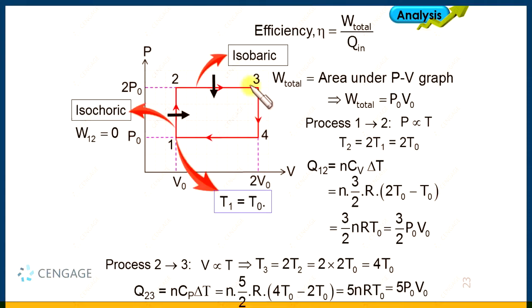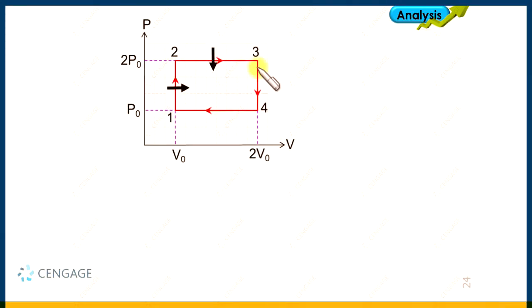Let us move to the next process, that is the process from 3 to 4. The 3 to 4 process is an isochoric process. We know the work done in an isochoric process is 0 because the volume change is equal to 0. From the ideal gas equation, we know V is constant, so P is proportional to T, right?